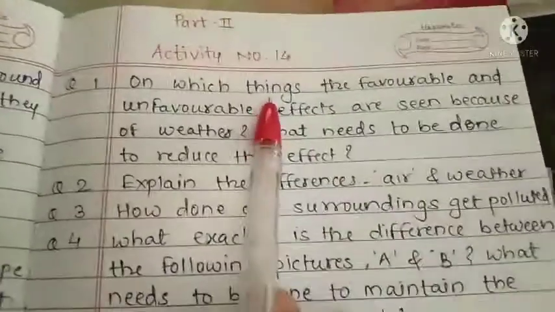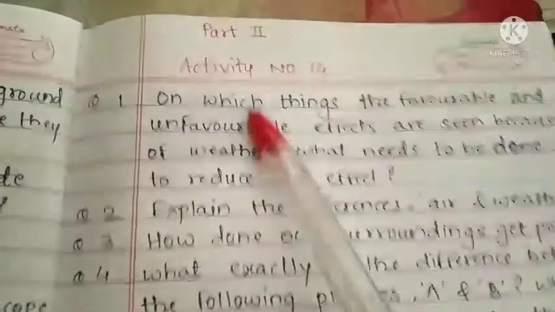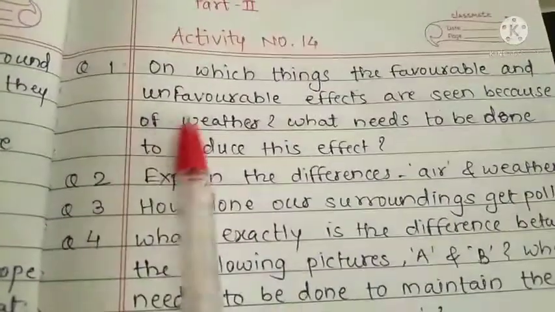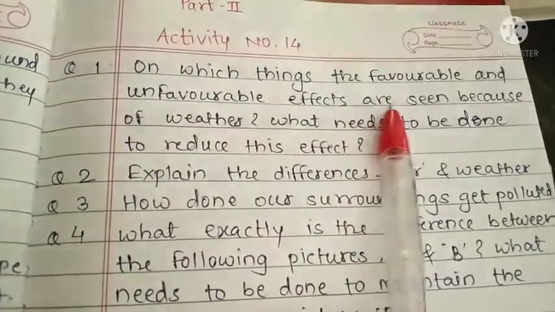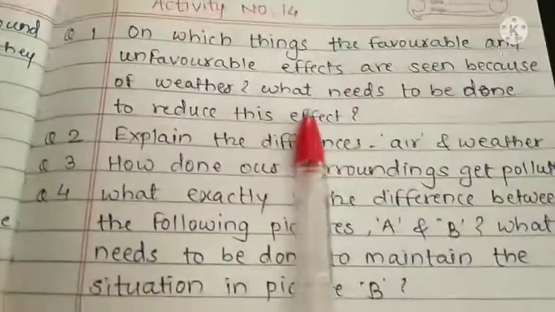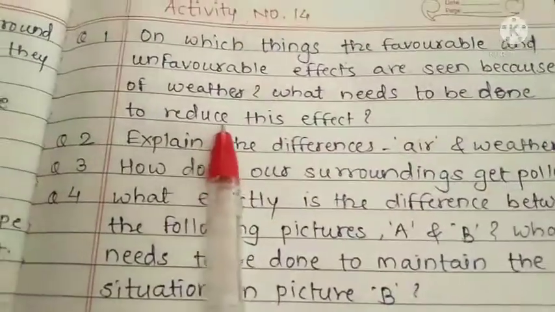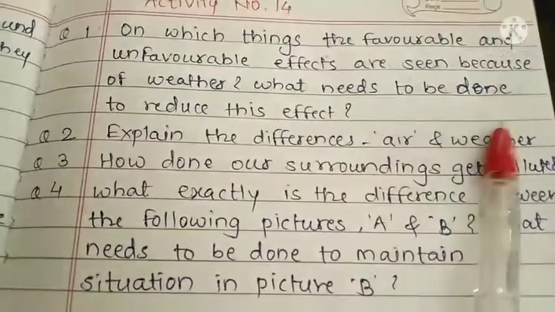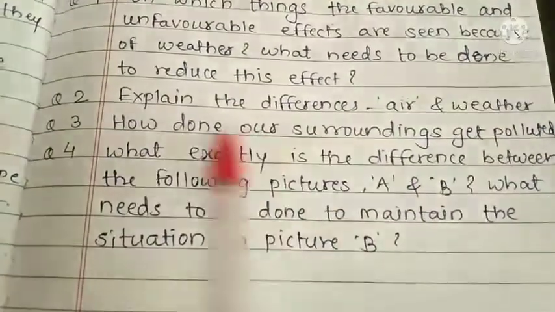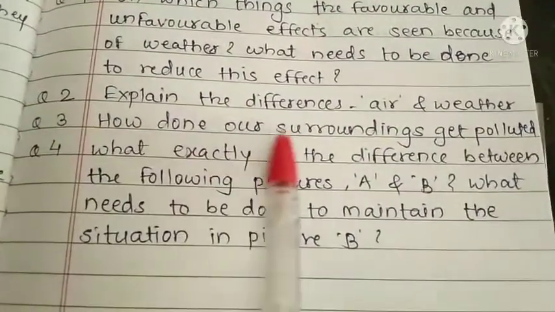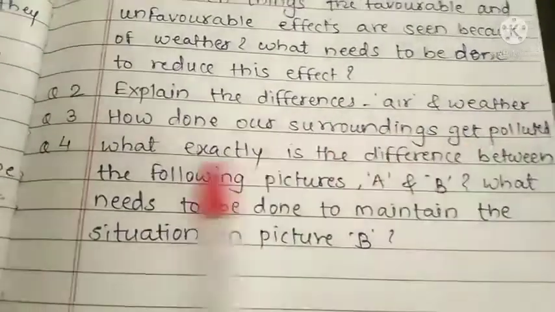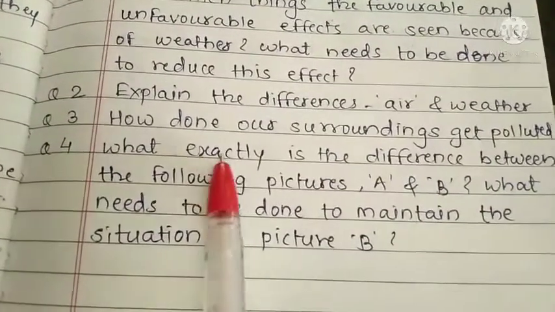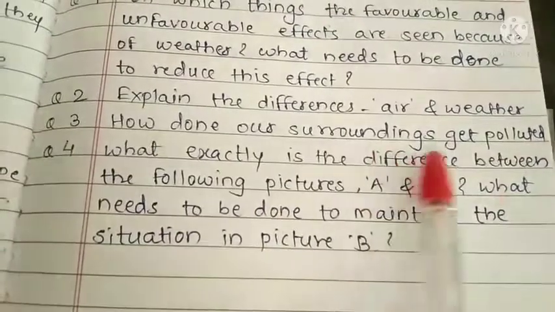Then now see, this is activity number 14 of part 2. Question 1: on which things are the favorable and unfavorable effects seen because of weather? What needs to be done to reduce this effect? Question 2: explain the differences between air and weather. Question 3: how do our surroundings get polluted?